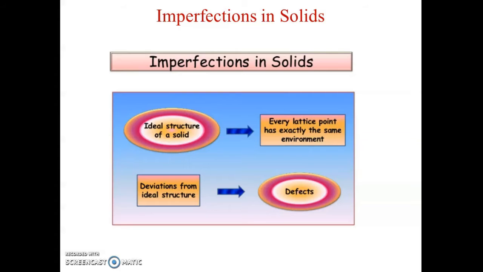As we have just discussed, an ideal structure of a solid means every lattice point has exactly the same environment. Any deviation from this ideal structure can be termed as a defect or an imperfection.